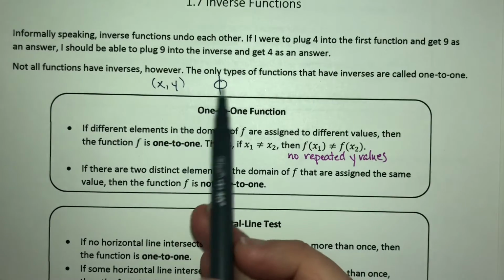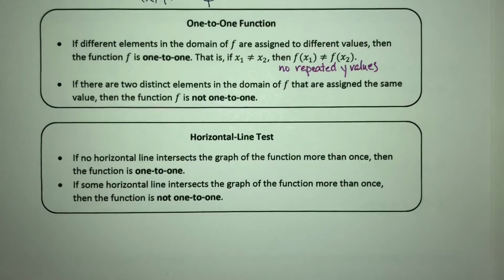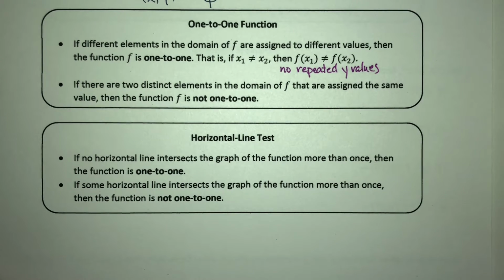Similarly to the vertical line test, where you cannot have repeated x values, we have the horizontal line test for one-to-one. If no horizontal line intersects the graph of the function more than once, then it is one-to-one. If it intersects more than once, it is not.